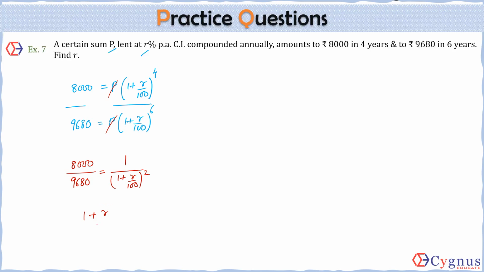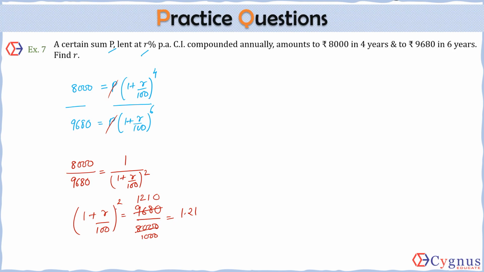Or I can write it like this: 1 by 1 plus r by 100 squared must be equal to 9,680 by 8,000. Yes, can we cancel it out by 8? This is 8 into 1, 8 into 2, 8 into 1. This is 8. This is 1,000. So effectively, this comes out to be 1.21.